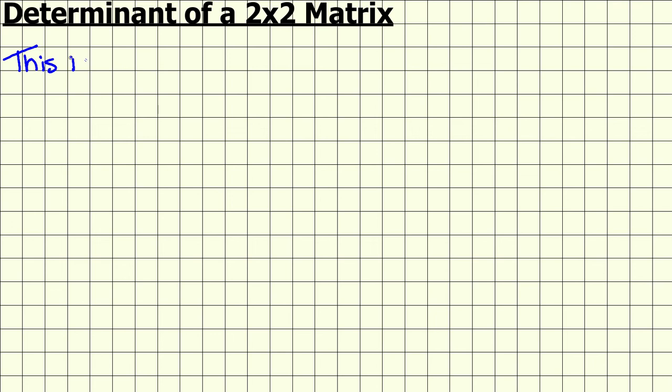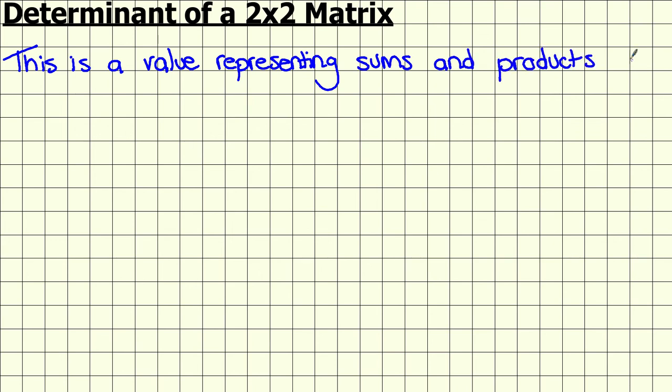So this is a value representing sums and products of a square matrix. Okay, so the determinant just gives you a single number of a square matrix, pretty much.